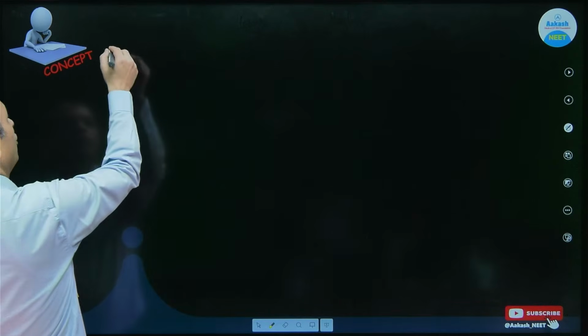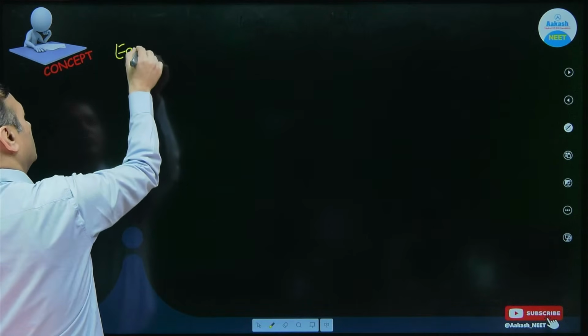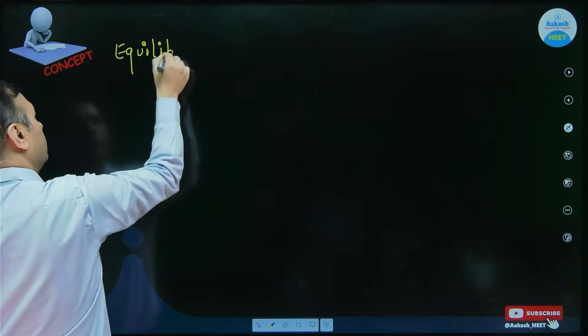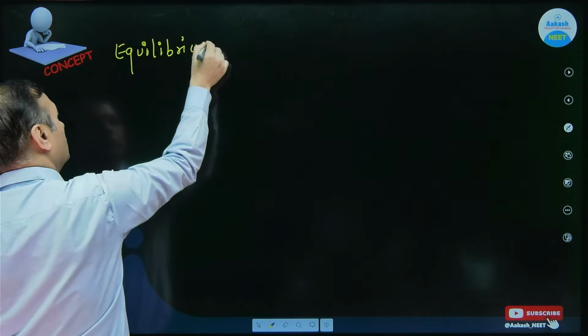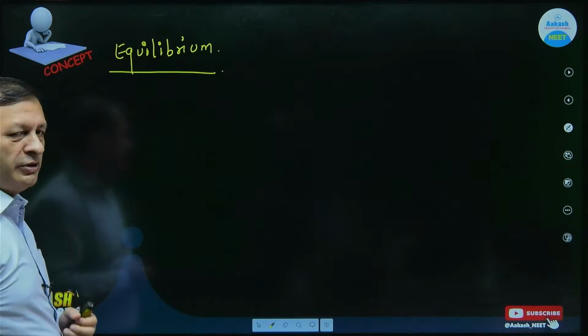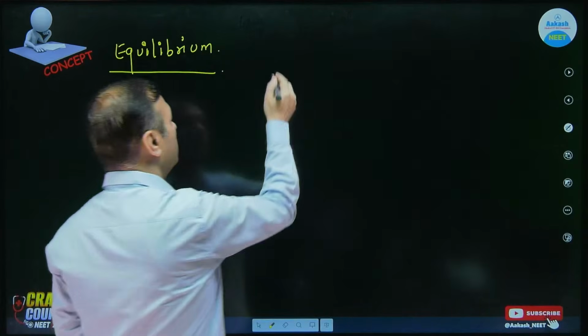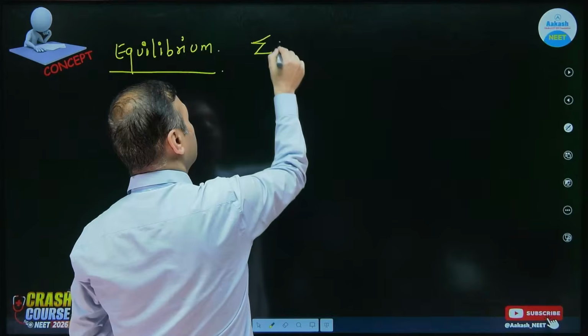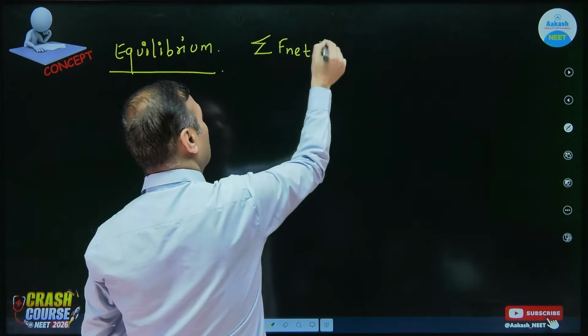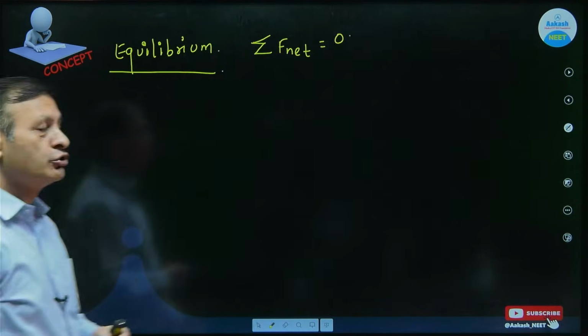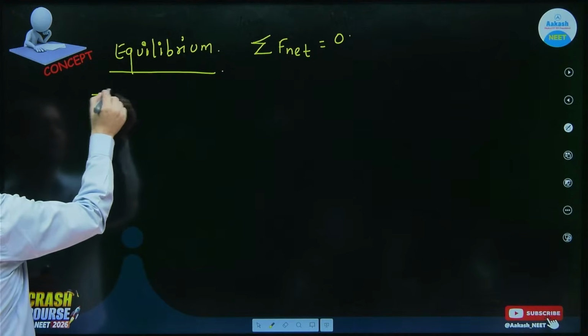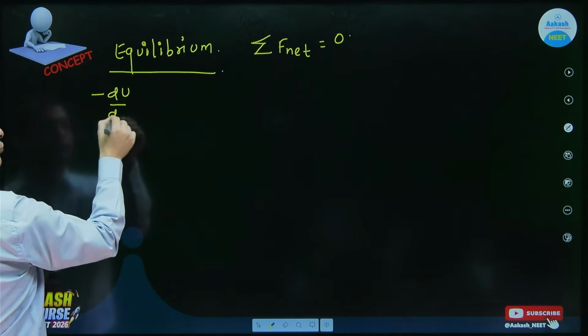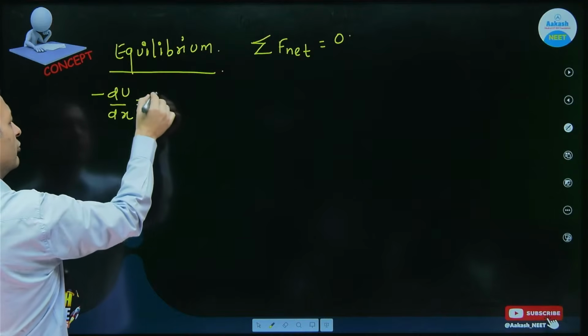Then we have the concept of equilibrium. So what do you mean by equilibrium? Equilibrium means the net force acting on the system is zero. So here we are talking about conservative force. So du by dx gives your conservative force.